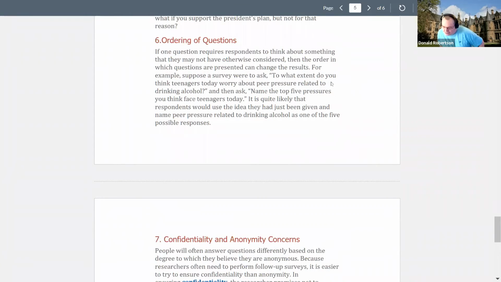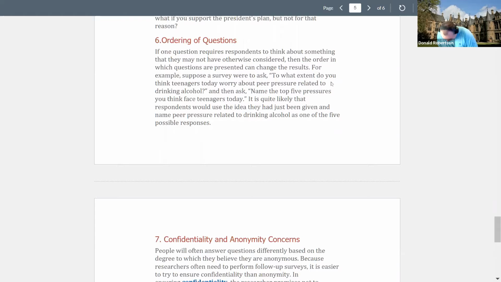Ordering of questions is a subtle one that politicians do a lot of, where you don't have one question, you have three questions. And for the first two questions, you're not really interested in the answer. The first two questions are just to warm people up, and then the third question is the one that you want to influence them on.